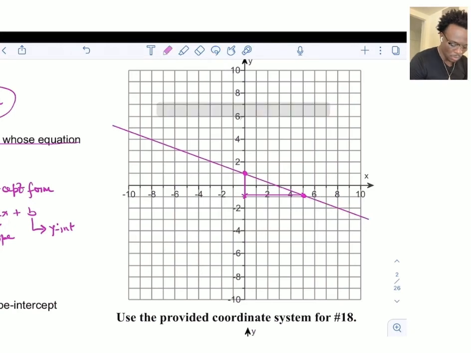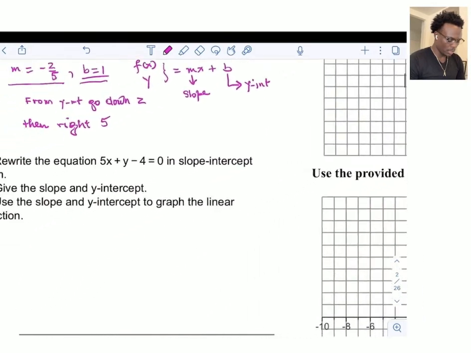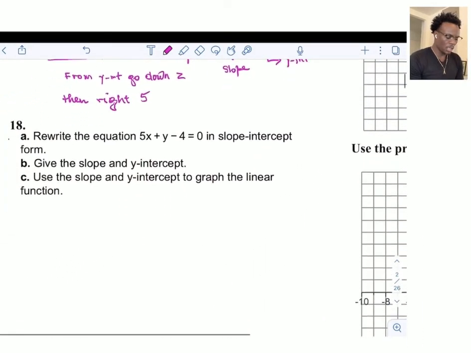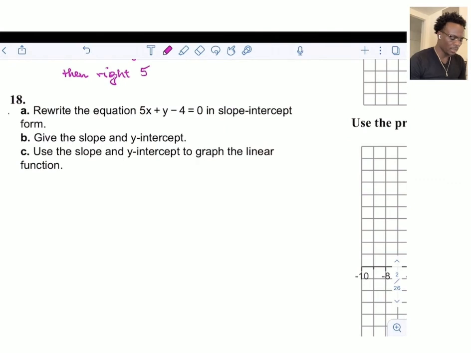So it goes indefinitely. So that is the line f of x equals -2/5 x plus 1. In number 18, they give me the line 5x plus y minus 4 equals 0.